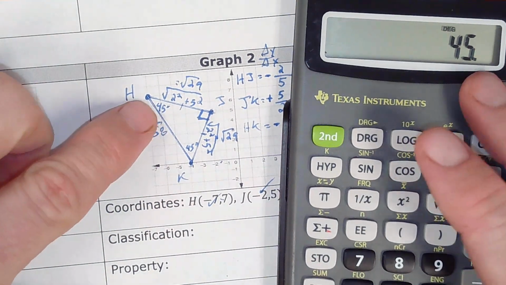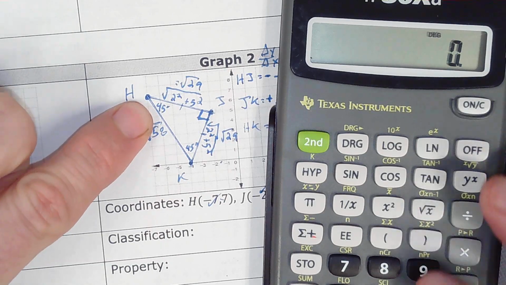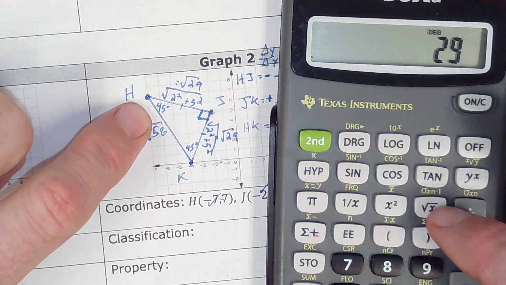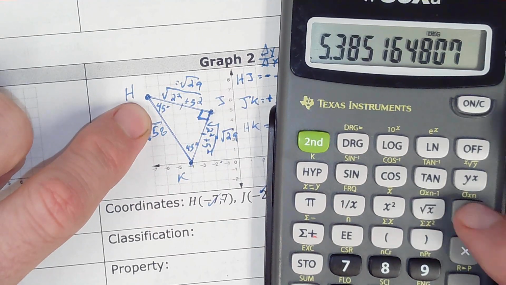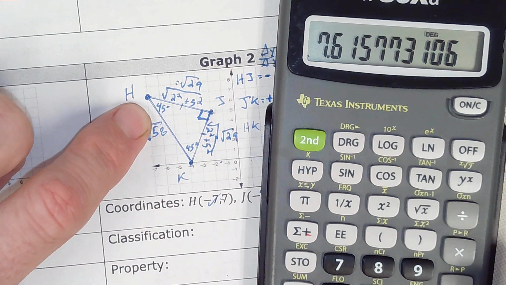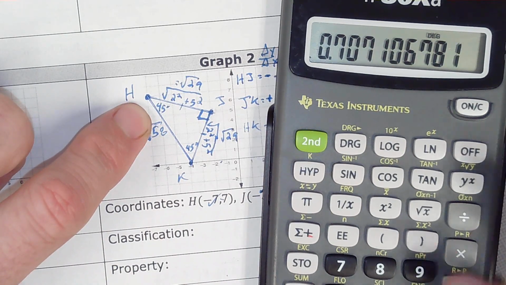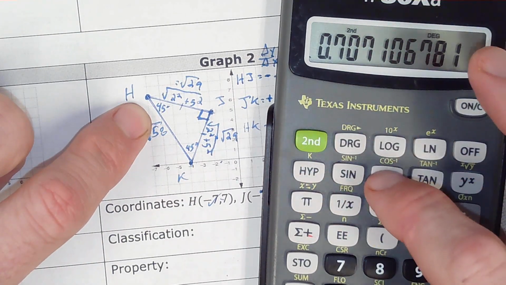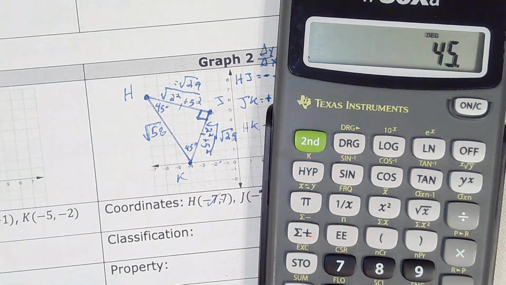How about the cosine? Let's do the cosine. Square root of 29 divided by square root of 58 equals, and let's do the arc cosine of that, and hey, look, that's 45.